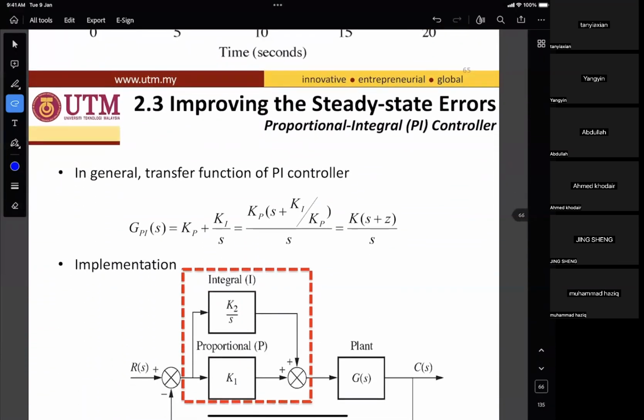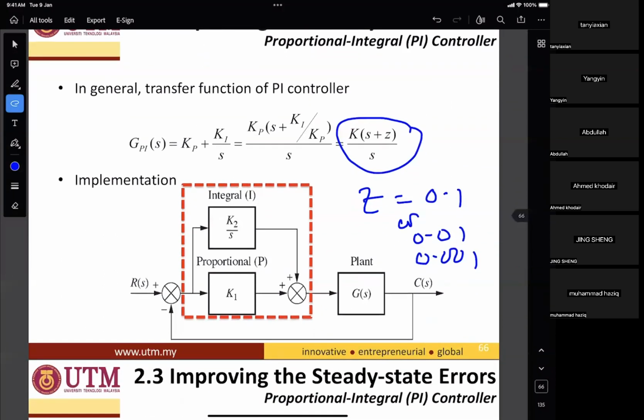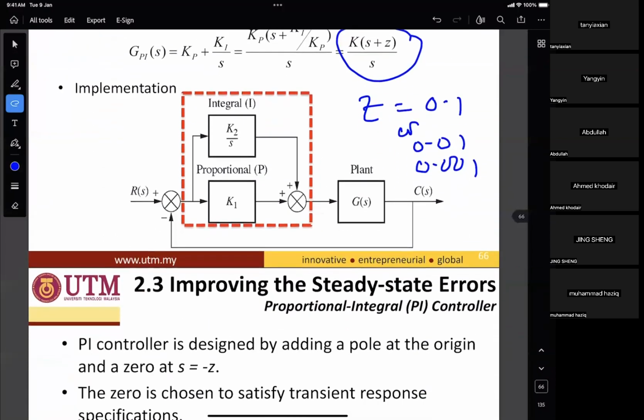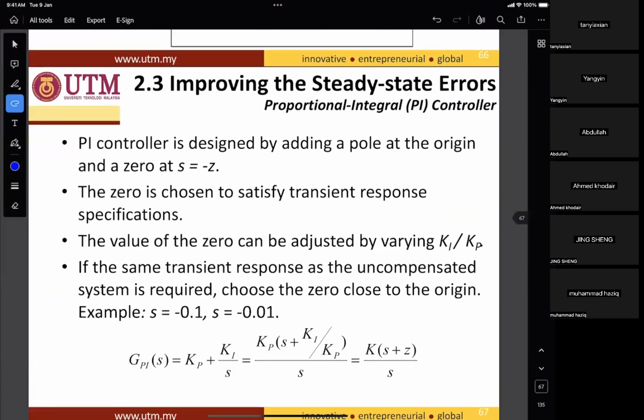So in general, the transfer function of the PI controller is given by K(S plus Z) divided by S. Z is 0.1 or 0.01, any small number that is near to the origin. When you apply this, it will make the system error become 0. So this is the explanation of the PI controller.